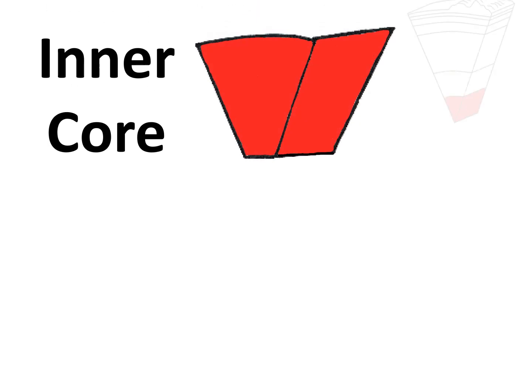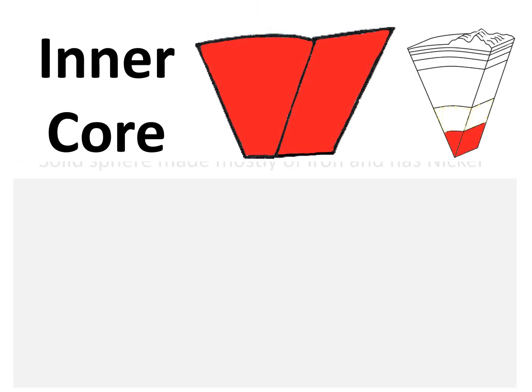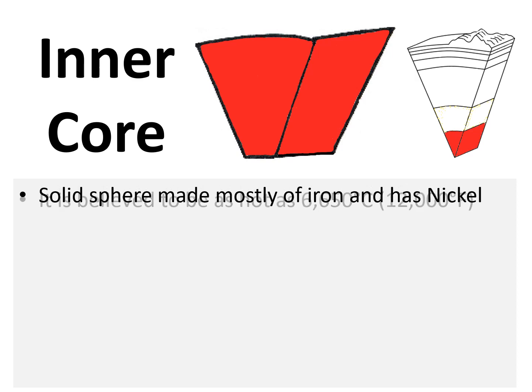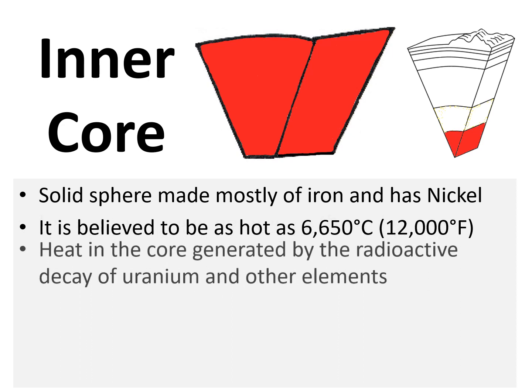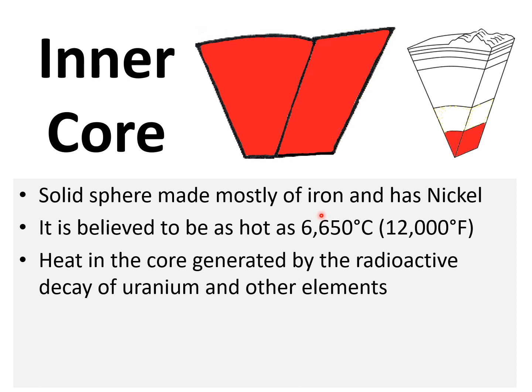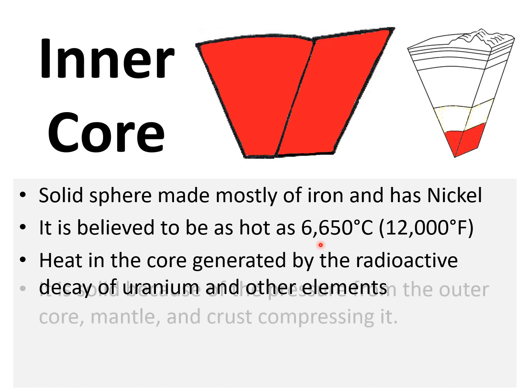The other layer is the inner core. Your inner core is basically a solid core. Please take note, the outer core is liquid, but the inner core is solid. It has the same composition, iron and nickel, however it is in solid state. Its temperature is also hotter than the outer core.